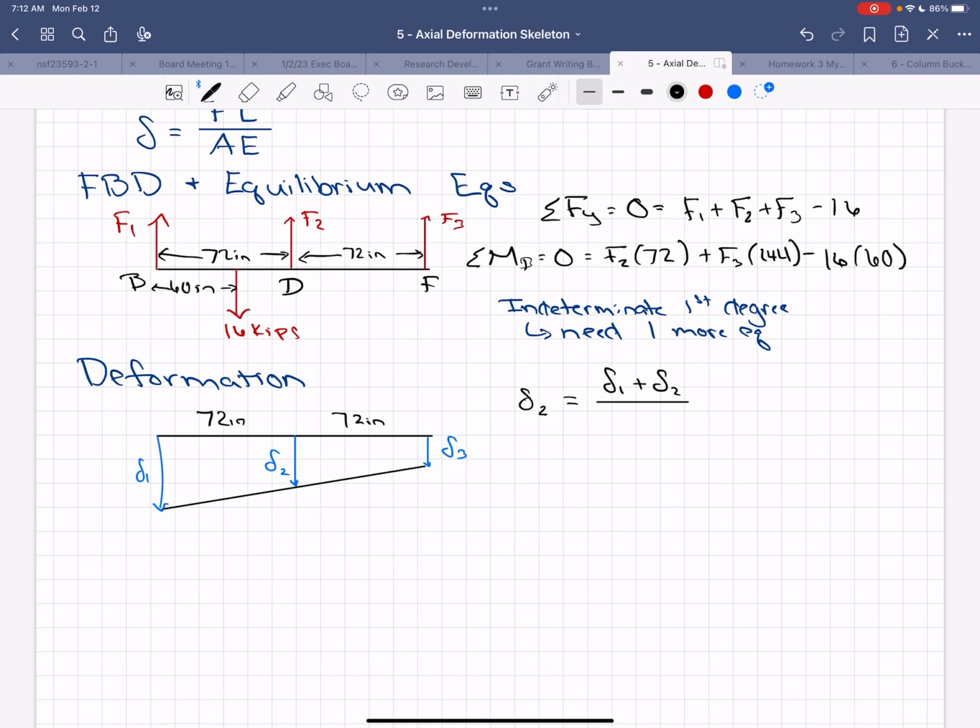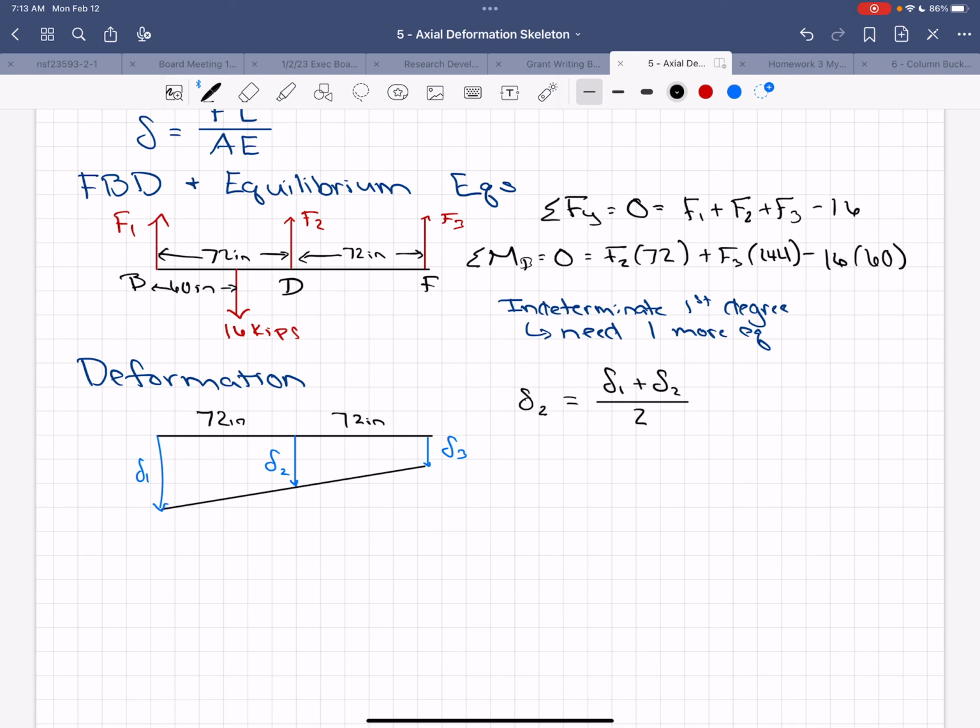So it's delta 1 plus delta 3 divided by 2. So if you did all the y equals mx plus b, set b equal to delta 1, that would be your slope-intercept. Your slope would be delta 3 minus delta 1 over the whole length. Then you could calculate it out and get the same answer if you solve for delta 2. But if you want to know more about that, please come talk to me.